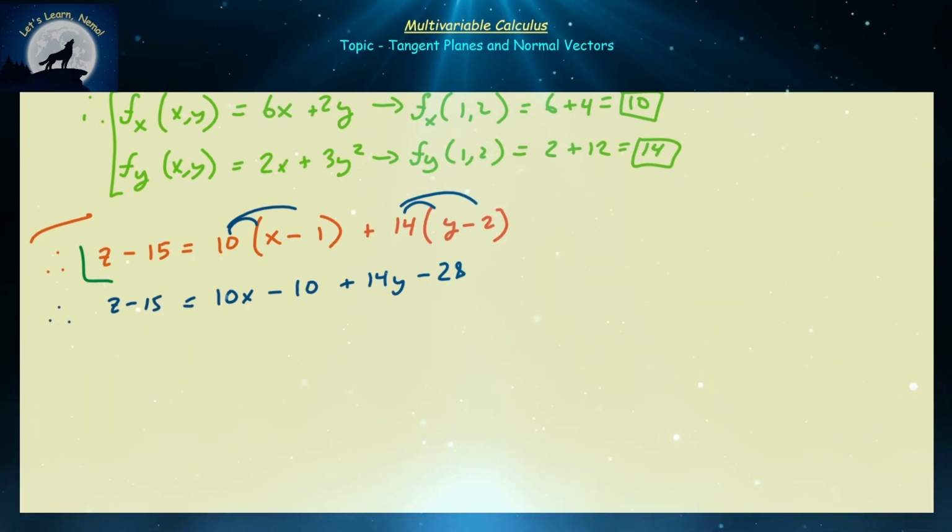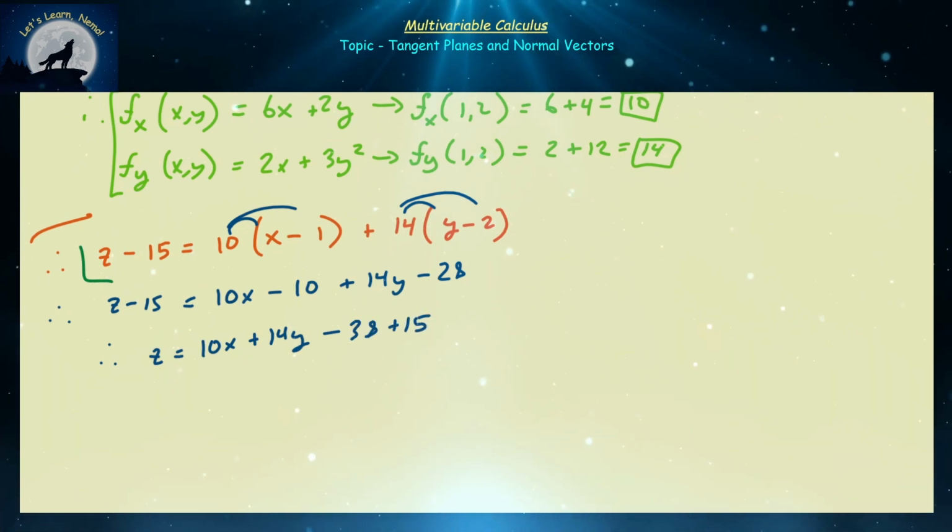And let's isolate this equation for z. So z is going to be equal to 10x plus 14y, and then we're going to have minus 28 minus 10 minus 15, so what is that going to come out to? That's going to be equal to minus 38 plus 15, and I believe that's going to be minus 23.